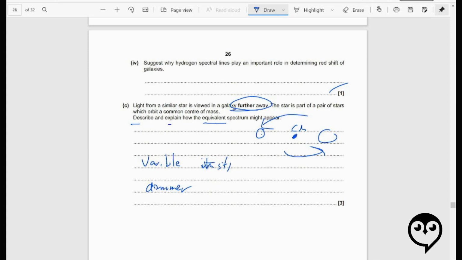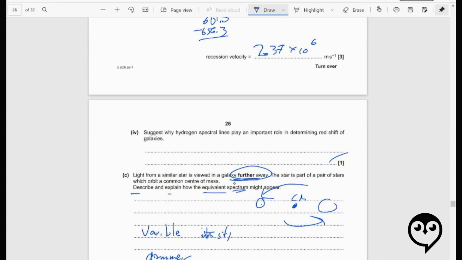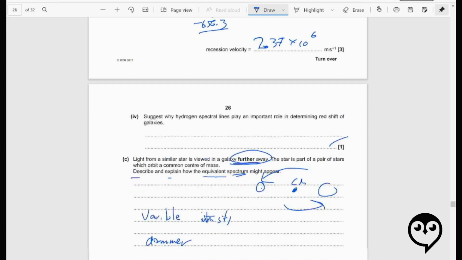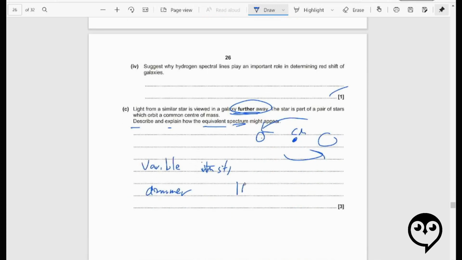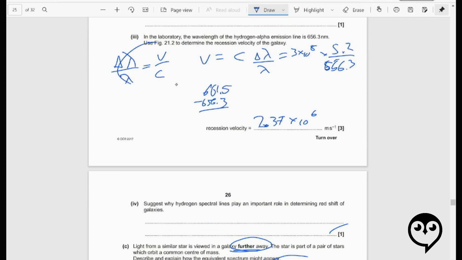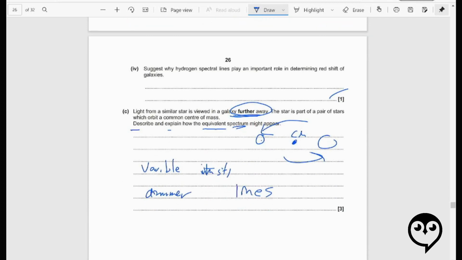And since these galaxies are farther away, okay, we're talking about spectral lines, we're talking about spectrum, but we haven't mentioned it in this question anywhere, but we were talking about spectral lines and talking about redshift up here. So we're going to compare with the other one. These lines are going to be more redshifted. Why are they more redshifted?